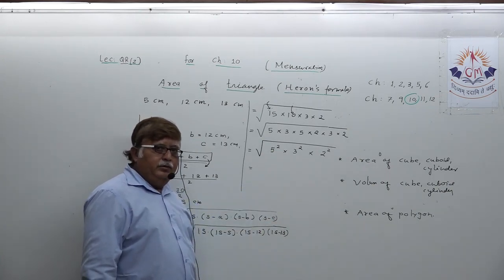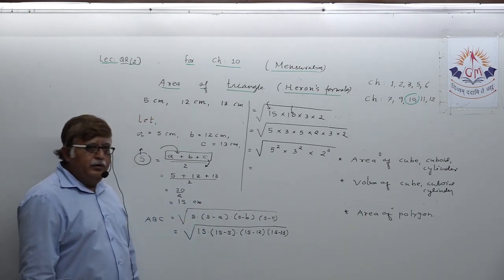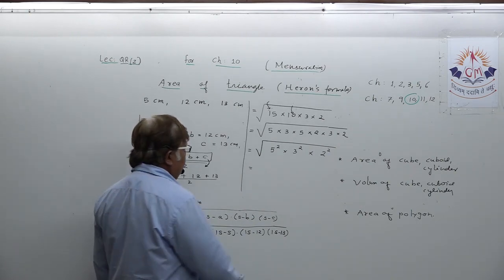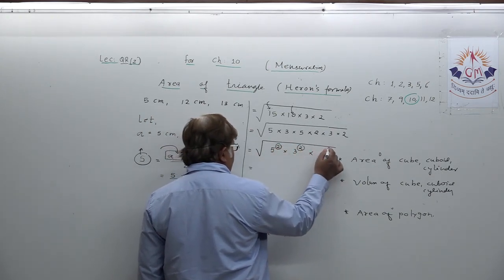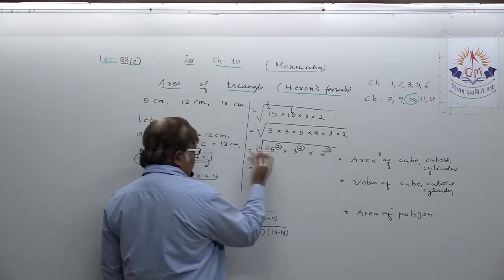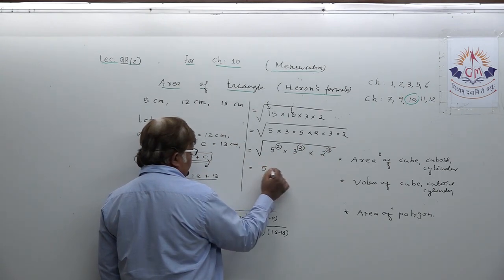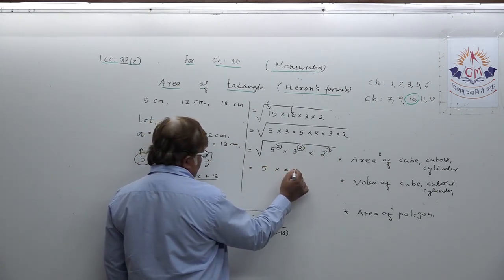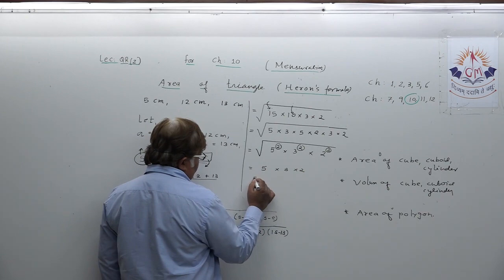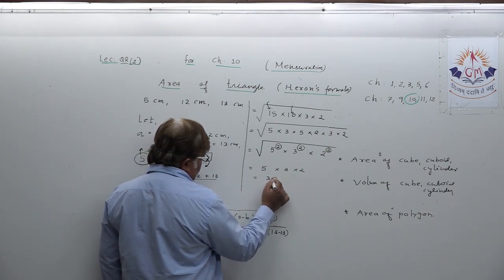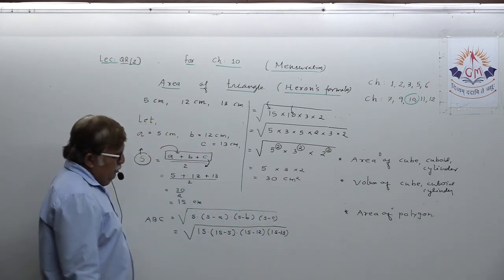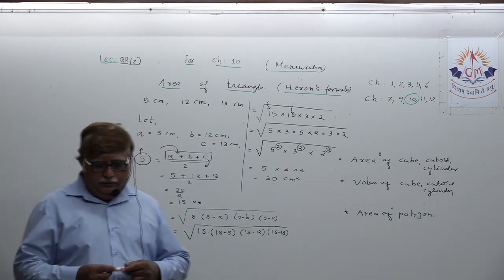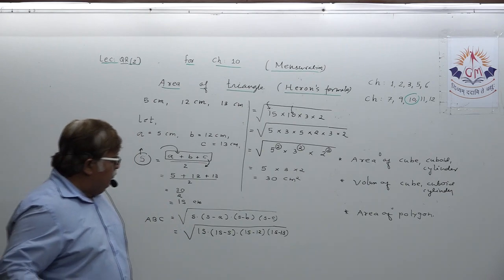Now when you take out the square root, what is going to happen? The square here will be removed when this number comes out of this. So 5 into 3 into 2, that is equal to 30 square centimeter. This is utilization of Heron's formula.